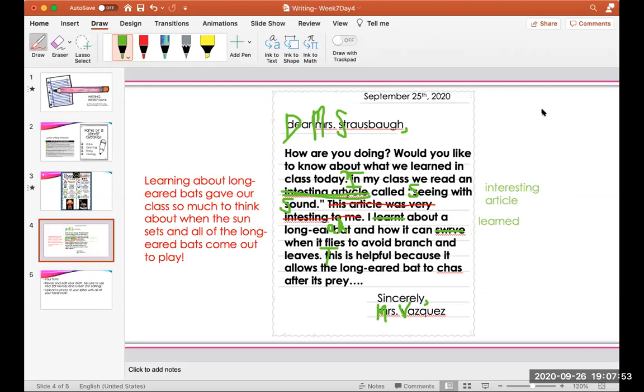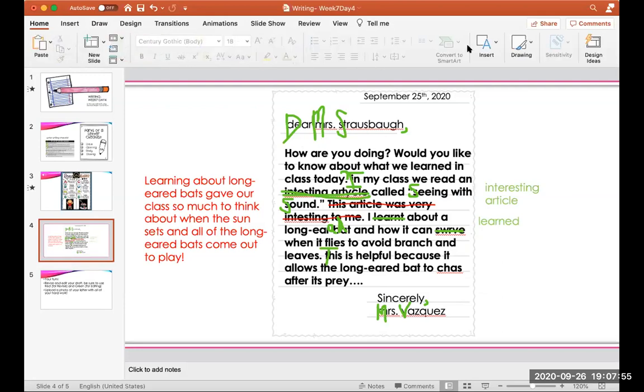It's swerved. Sorry. I was looking where I was putting my thing. Swerved is swerved. Not swerve like that. I forgot that E in there.